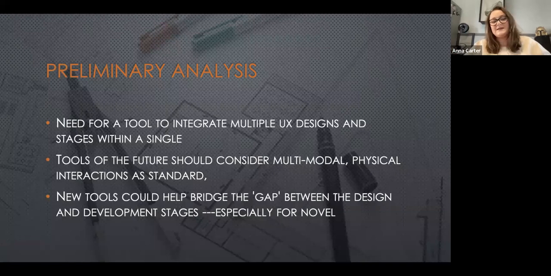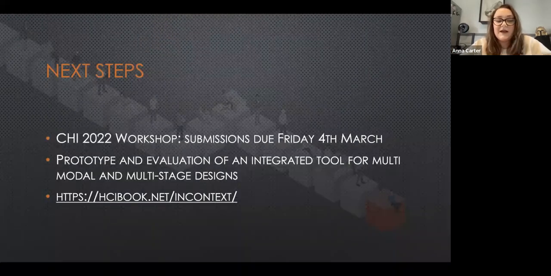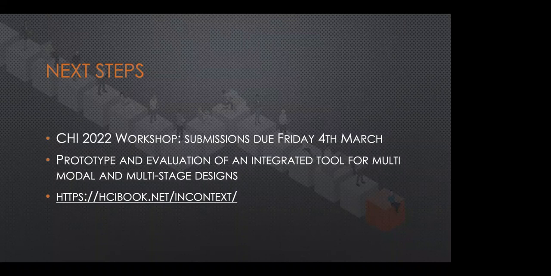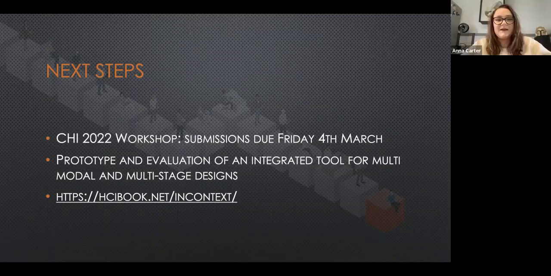So our next steps are, we are holding a workshop at CHI this year in May. We have just received a set of submissions, so our deadline closes on Friday. If you would like to submit, then we would be delighted to see your submissions.